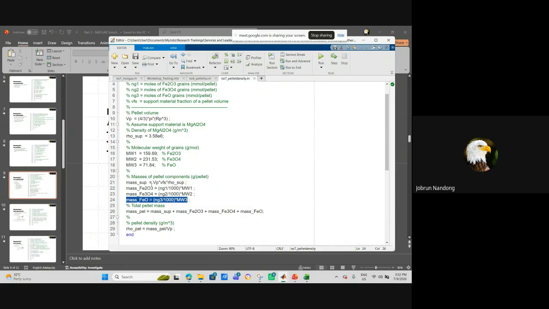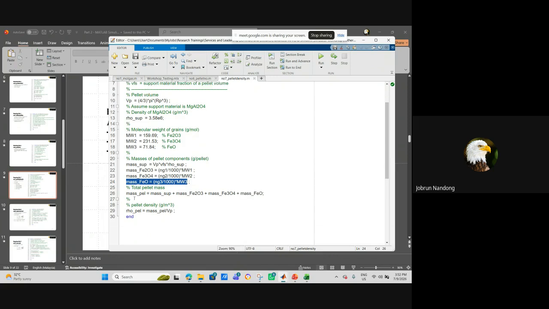It does not really affect the average pellet density. Then you have the total pellet mass, and the density is the total mass of the pellet divided by the volume of the pellet. That gives the average density for the pellets.